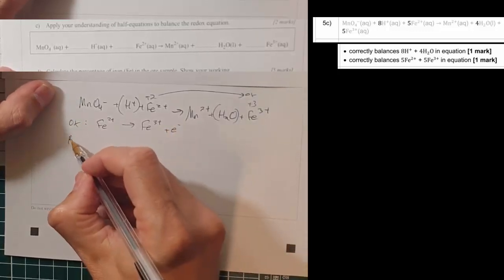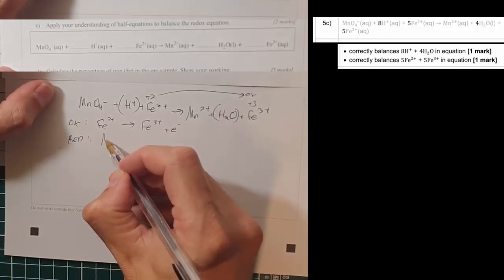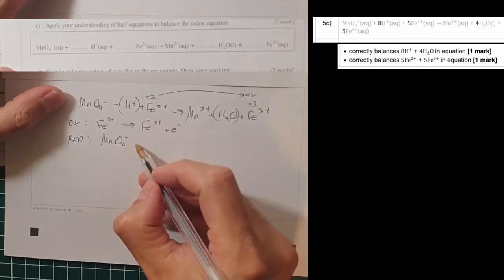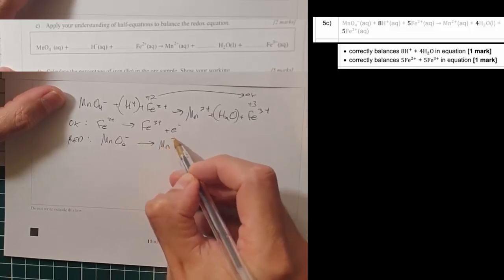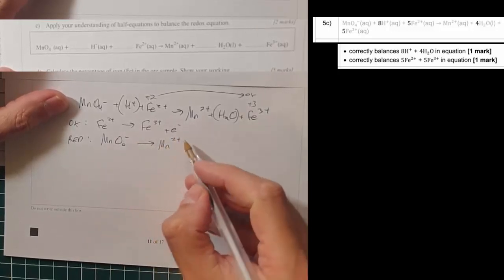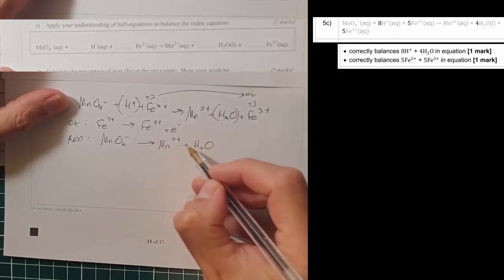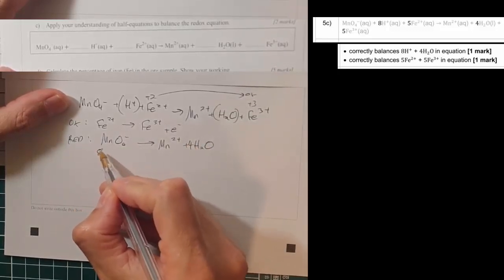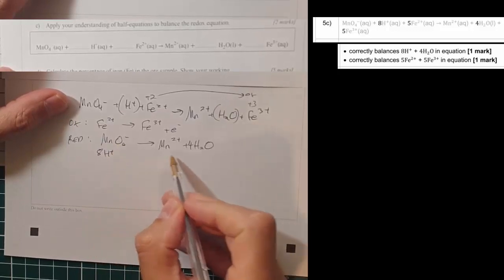We're done with that. I've gone through all the steps. There's not many steps to do than that one. Same there. Add some oxygens there. Add some hydrogens there.